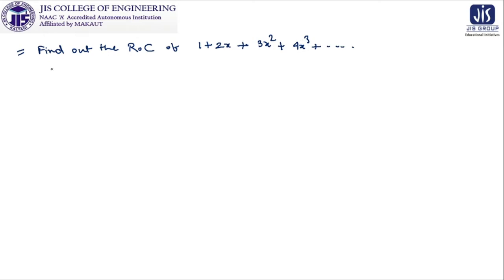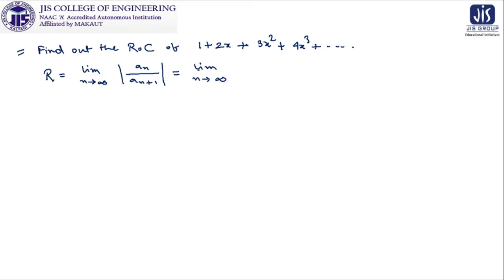Now according to the definition we learned in the last slide, we find R as limit n tends to infinity an by an plus 1. Modulus is not required here because all coefficients are positive.